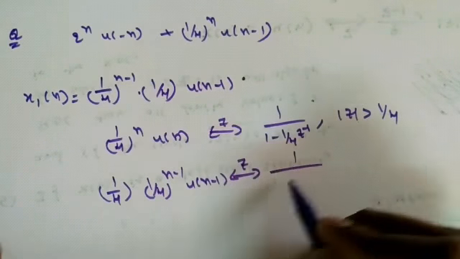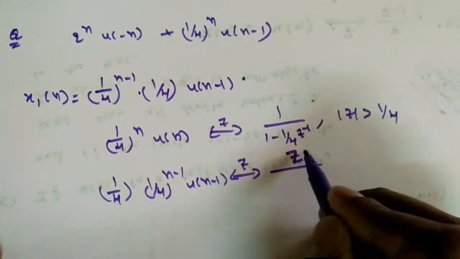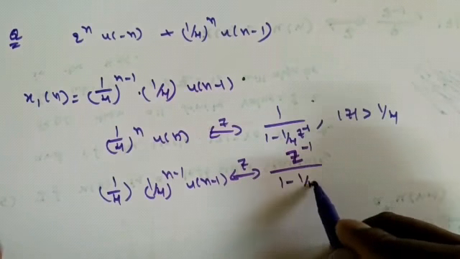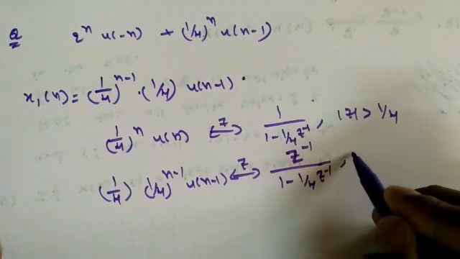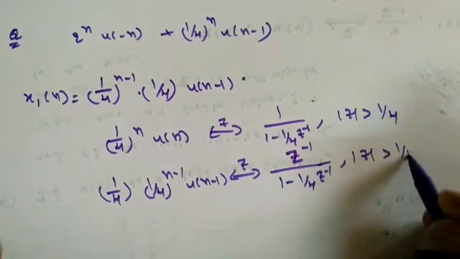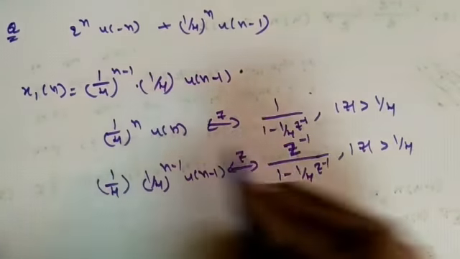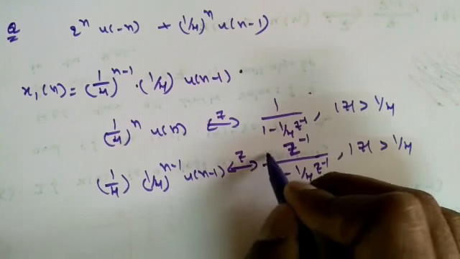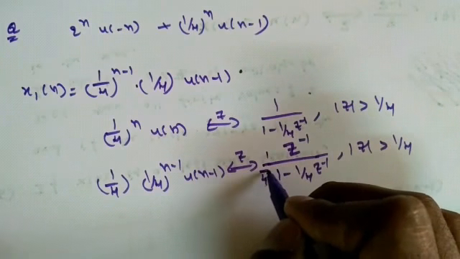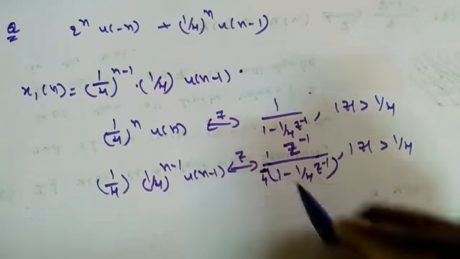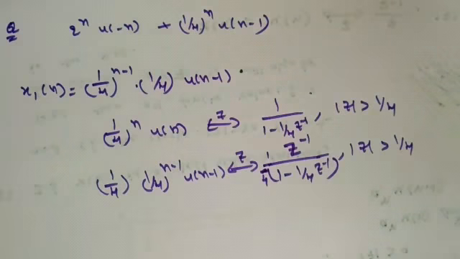What is the Z transform? Z inverse by 1 minus 1 by 4 Z inverse, and ROC doesn't change, same, mod Z is greater than 1 by 4. And see here a multiplication factor is there, so extra 1 by 4 will come.